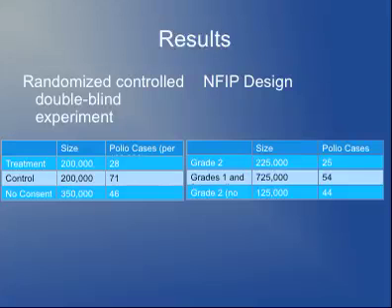So this slide shows the results of the randomized controlled double-blind experiment and also the NFIP design. And it looks like part of my table got cut off when I converted this from PowerPoint to Keynote, but oh well. It's supposed to say polio cases per 100,000, I believe. But in the randomized controlled double-blind experiment, we see that the control group had much higher incidence rates of polio than the treatment group.